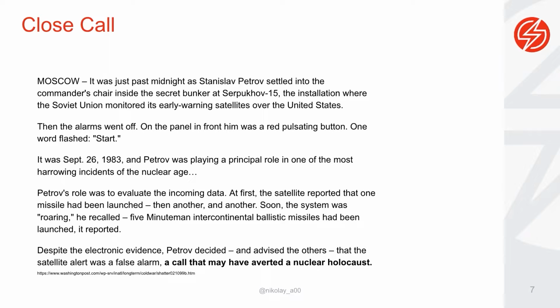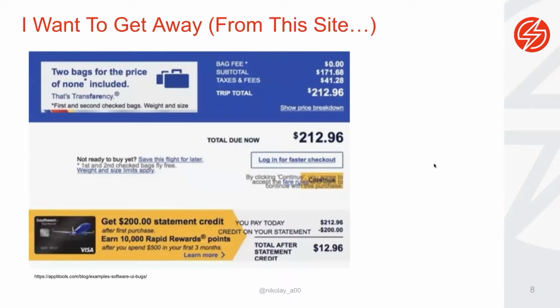And so he had the choice to make: to launch nukes back at us or to not, right? Despite the system telling him to do it, thank God, he decided not to launch nukes back at us. He realized that it was an error, and so a nuclear holocaust was averted. So that's one bug, a very extreme bug, but something that can be caught and prevented with a visual test.